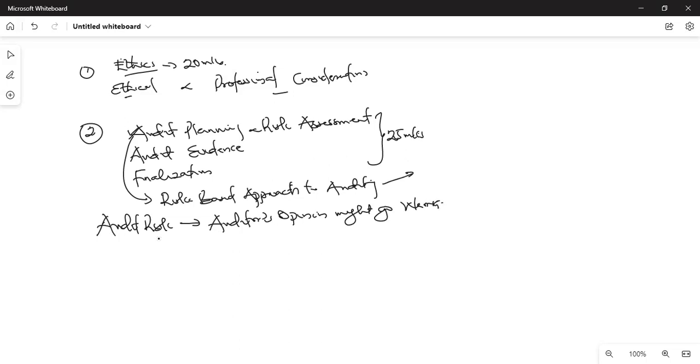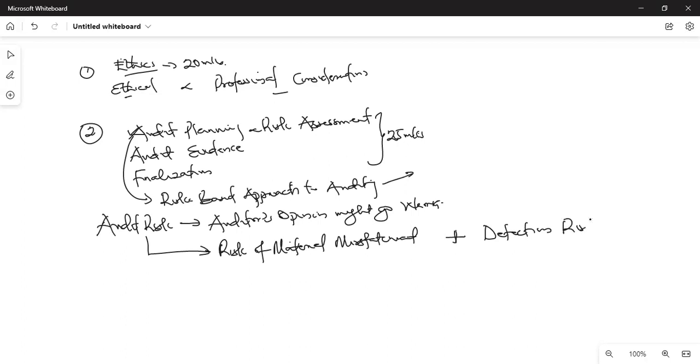And we went on to say that audit risk has two components. The first part is the risk of material misstatement, plus detection risk.